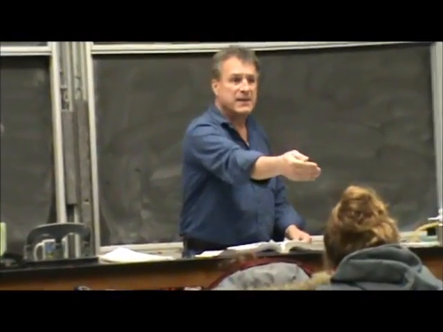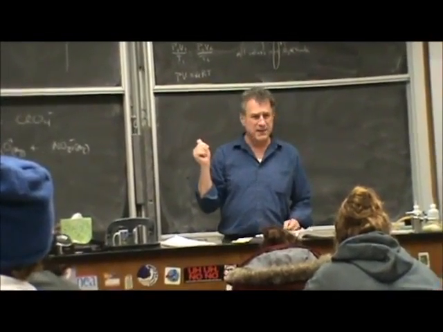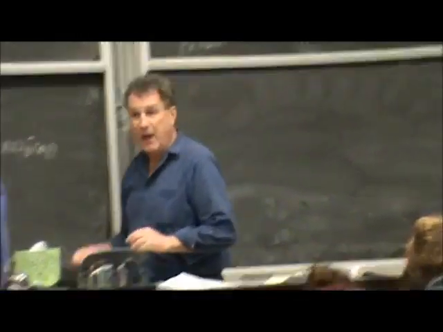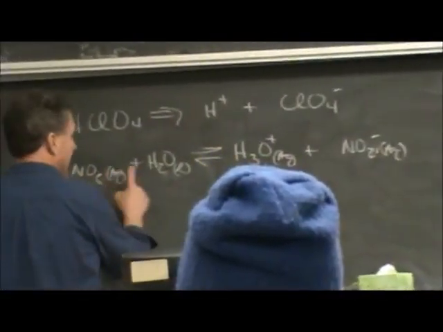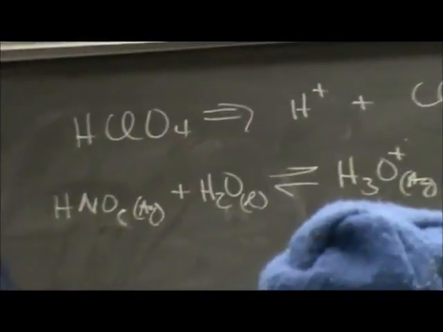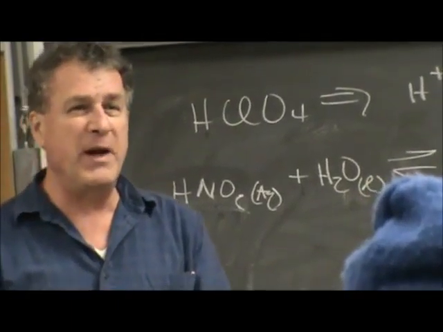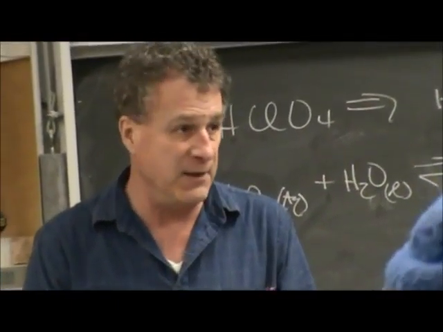I went from being an acid to a base. The base that took the hydrogen ion went from being a base to an acid, right? Does that make sense then? So because we have an acid and a base reacting to make an acid and a base, the reaction can go either direction. It goes in both directions, in fact. But it doesn't go in both directions to the same extent.